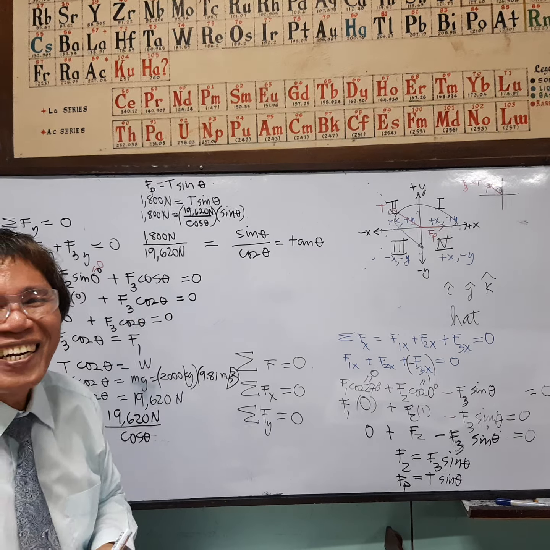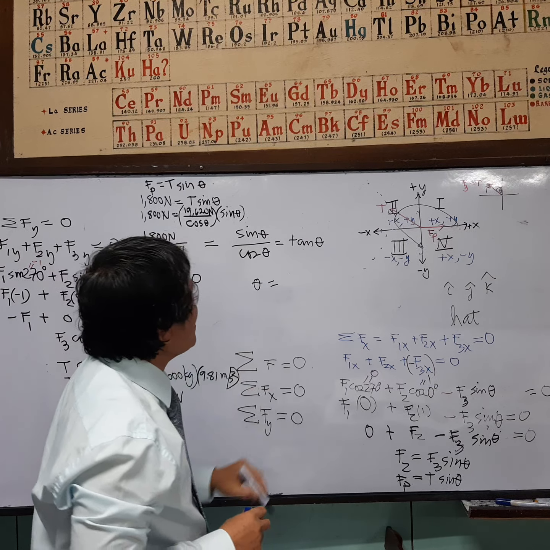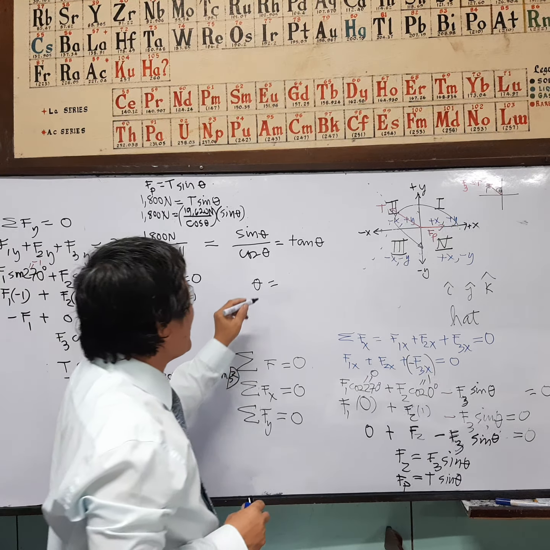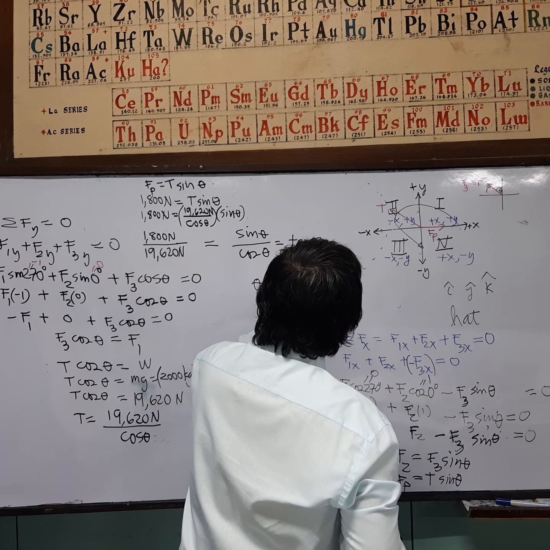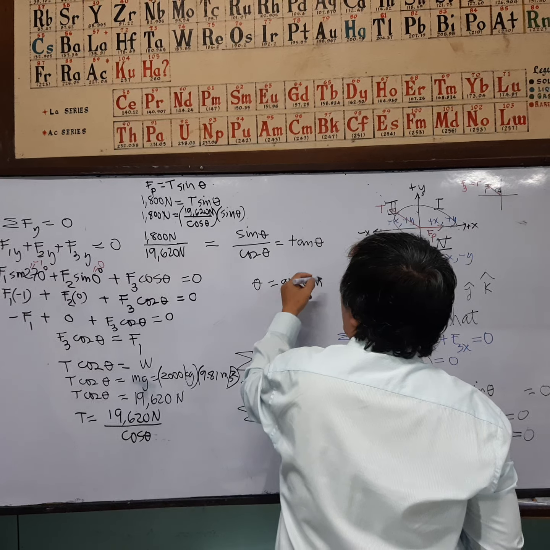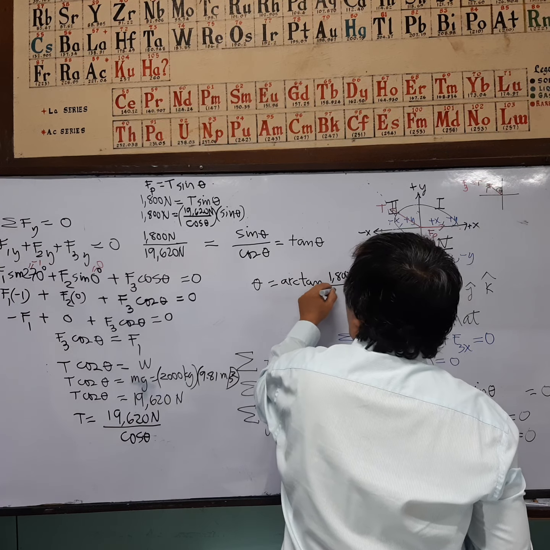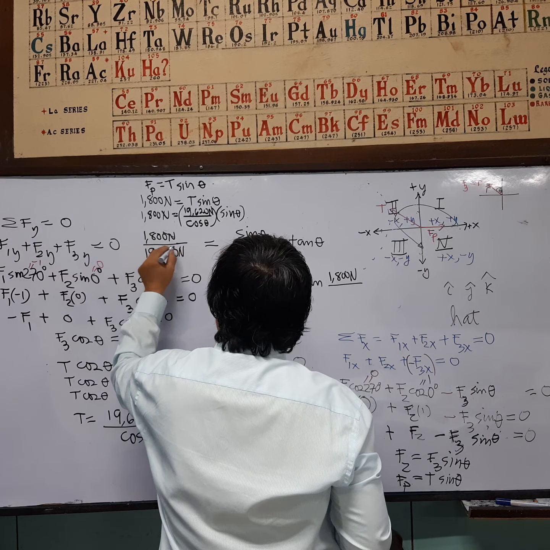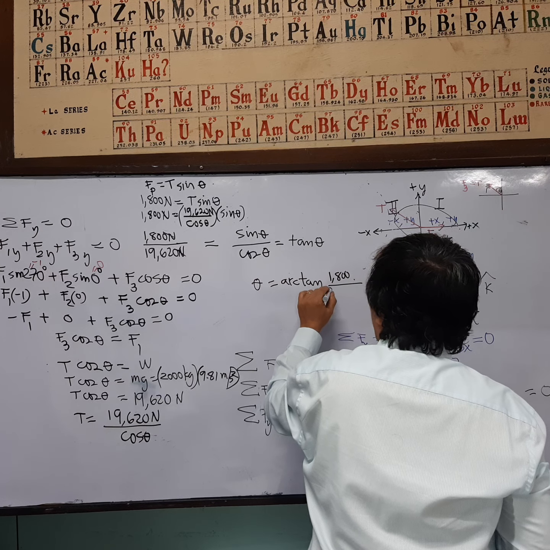So therefore, our theta equals arc tangent of 1,800 newtons over 19,620. By the way, the newtons already cancel out, so no more newtons.